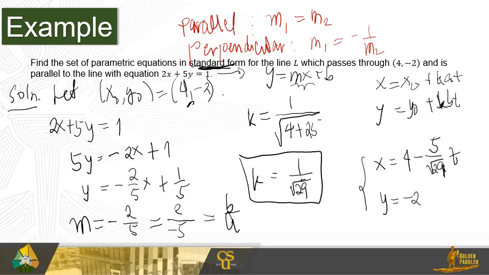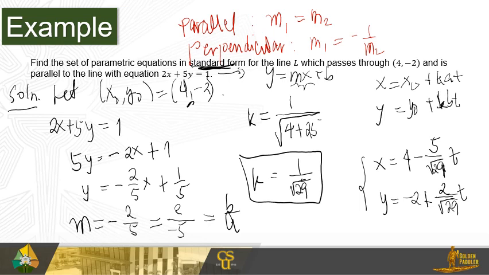Tapos, yung b natin is positive 2, so positive 2 over square root of 29 t. So, tama ba ako? Check na muna natin.